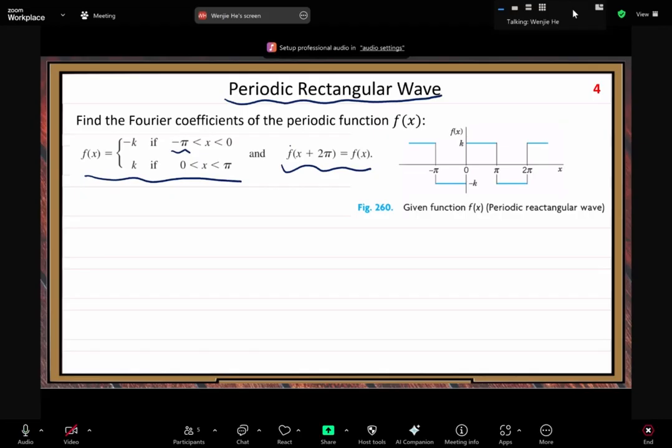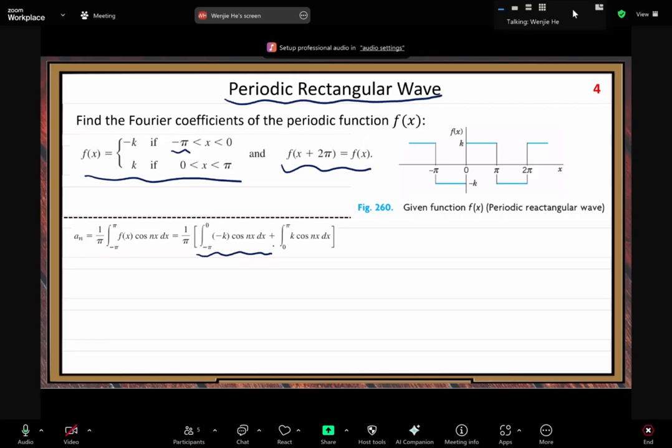Then we just plug in the formula and calculate. So for a_n, we plug in. Because you have the negative half of the interval and the positive half of the interval, when you do the calculation you get 0, because the negative area and positive area are the same and cancel out.